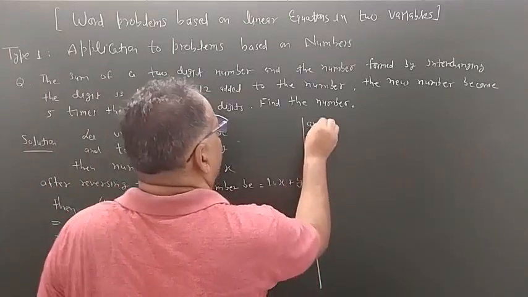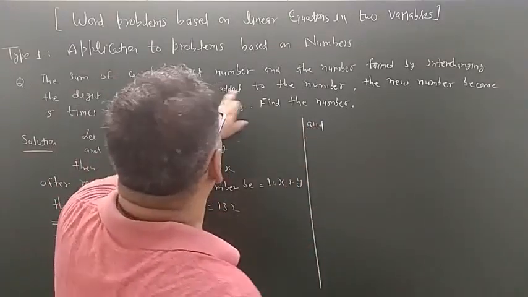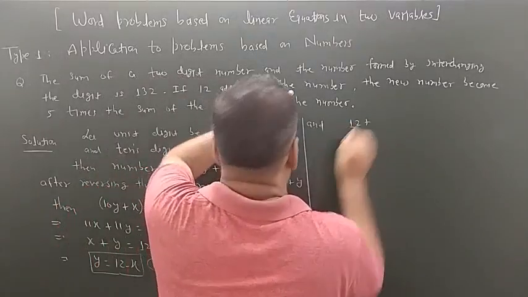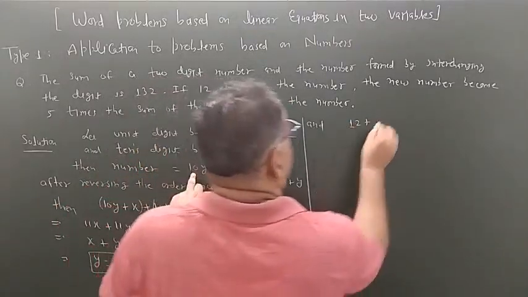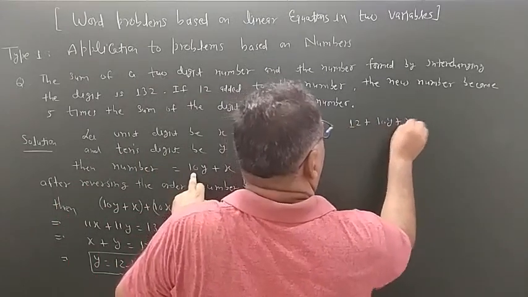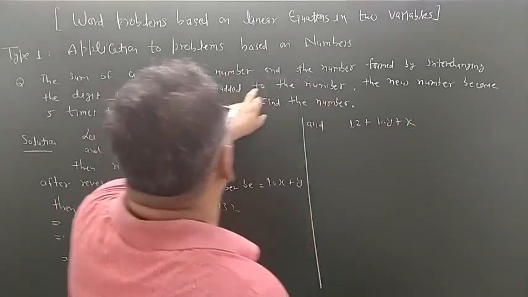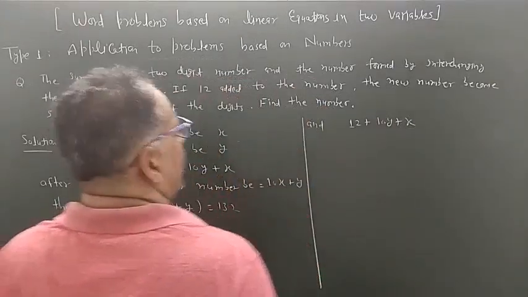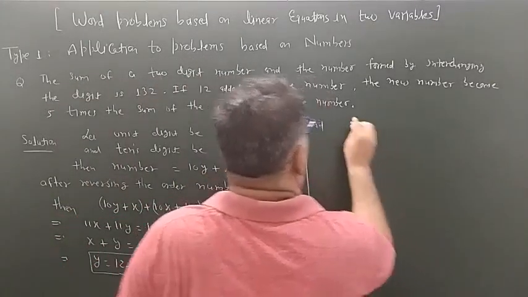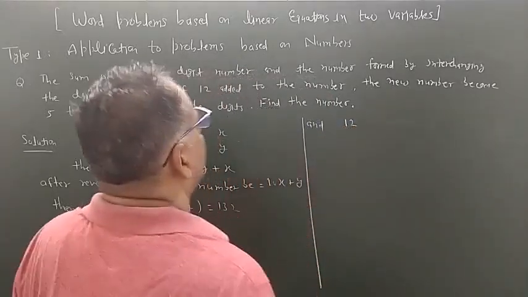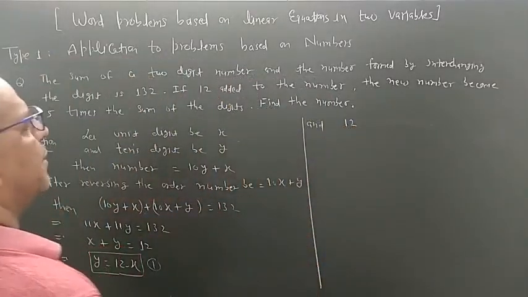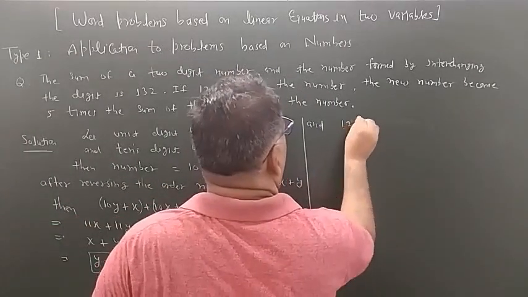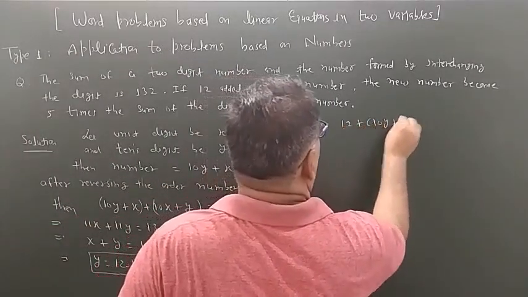And next, if 12 is added to the number, the original number is 10y plus x. When 12 is added to the number, the new number is 12 plus 10y plus x.